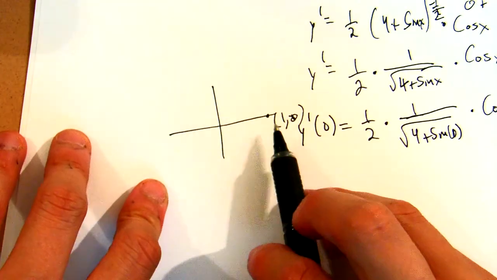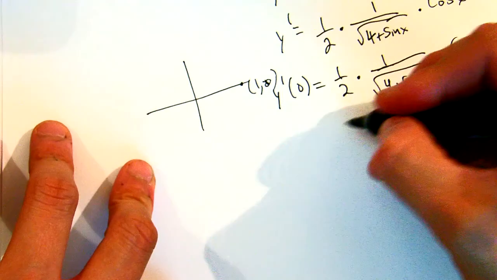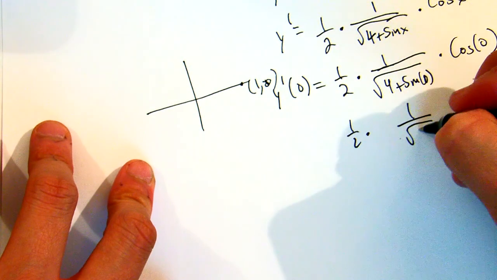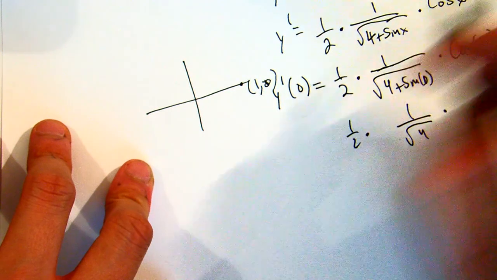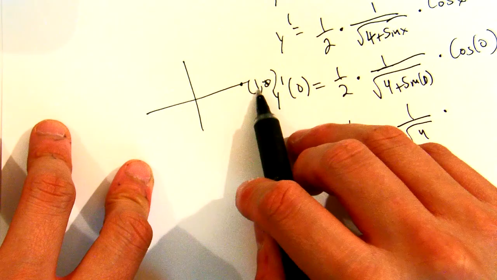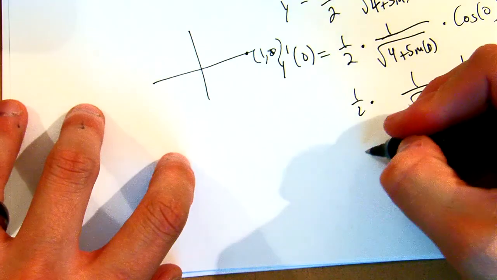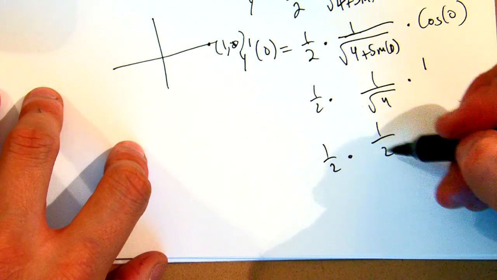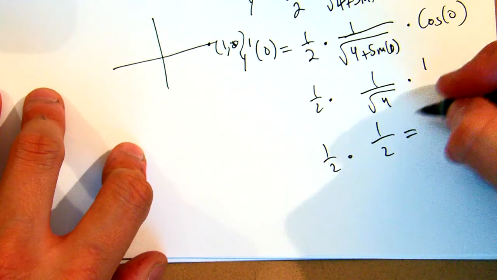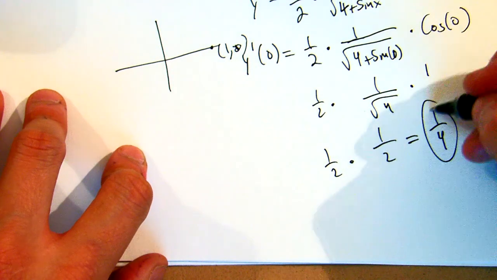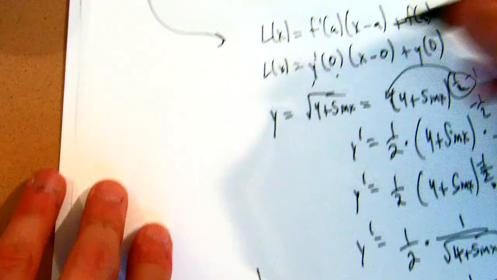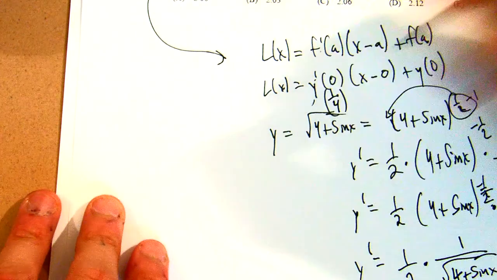The sine is a y distance, so the y distance is 0. So this is 1/2 times 1 over the square root of 4 times cosine of 0. The cosine of 0 is 1, so that's times 1. The square root of 4 is 2, so this is 1/2 times 1/2, and that's just 1/4. So all of this work just to get y prime of 0, which we know is 1/4, right?